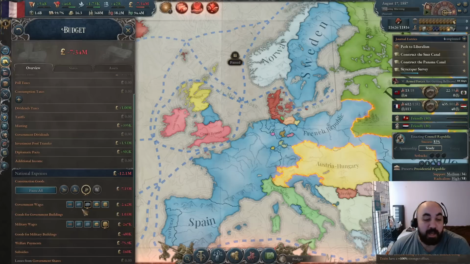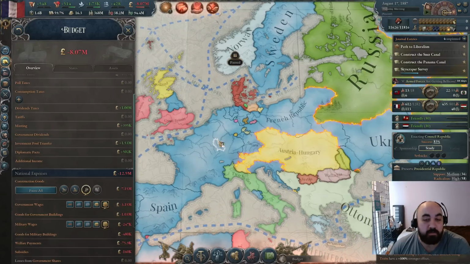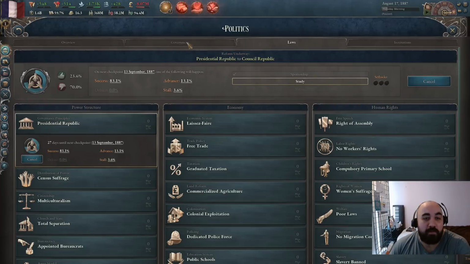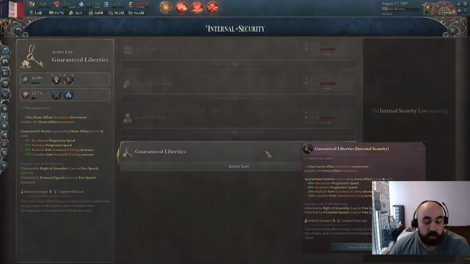Although it is just a little bit, because if you dramatically raise and lower this, you will create a lot of radicals from decreased or increased standard of living, unless you have a relatively high guaranteed liberties institution.